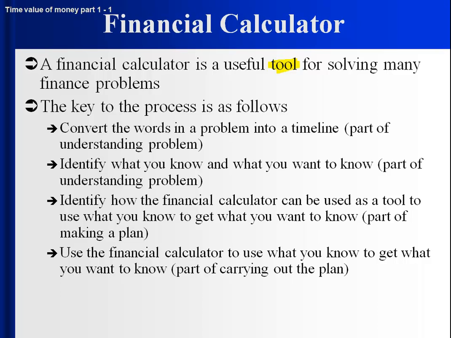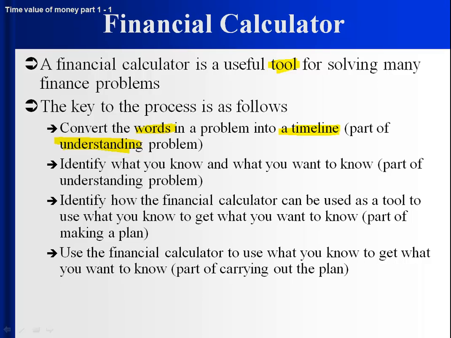So again, when you're doing a problem, take the words and turn it into a timeline. Basically, you've got words to a problem. Make sure you understand it. And a timeline is a very important part of working through problems to make sure you understand the problem. Then, what do we know? What do we want to know?